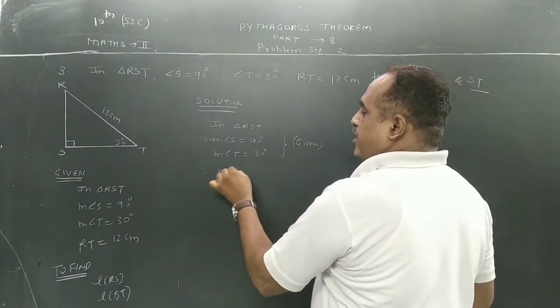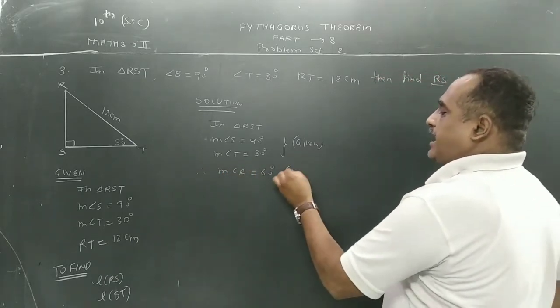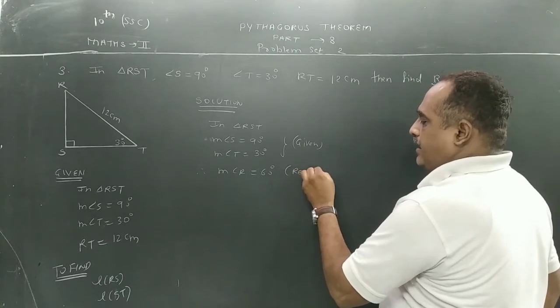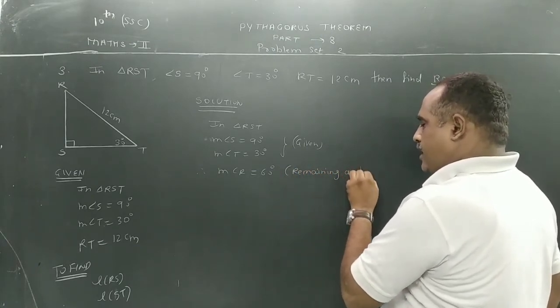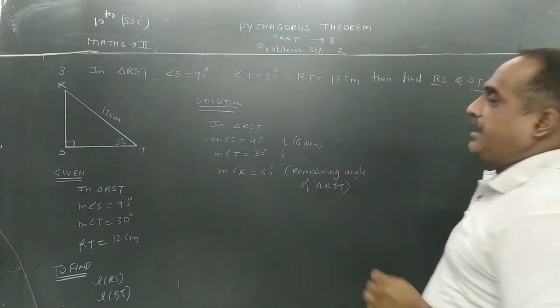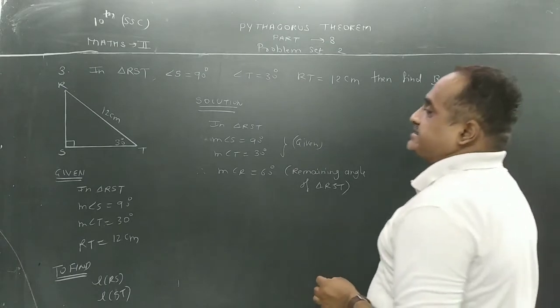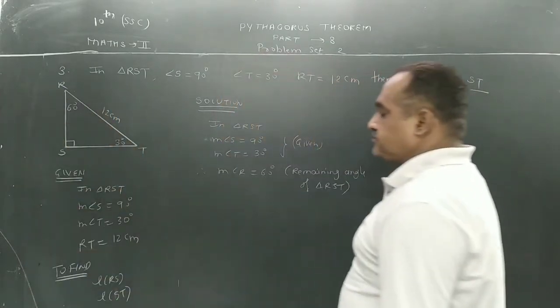Therefore, measure of angle R is equal to 60 degree. We can write the remaining angle of triangle RST. This will become now 60 degree.